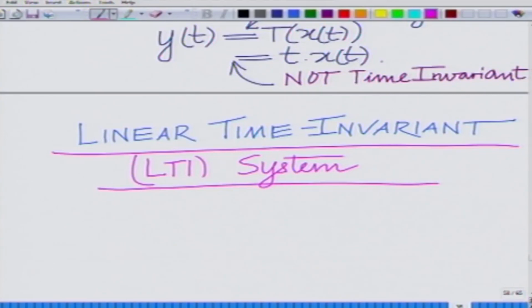That is the class of linear time invariant systems, which, as the name implies, are systems that are both linear as well as time invariant.